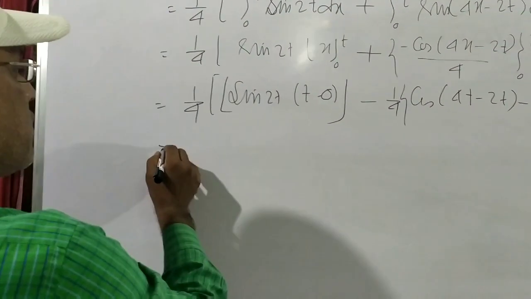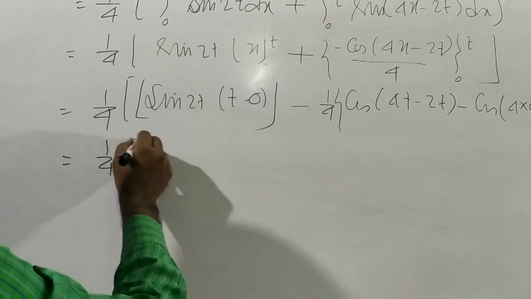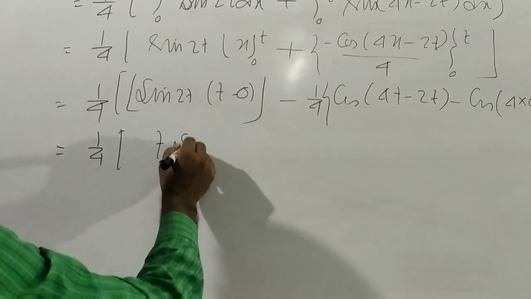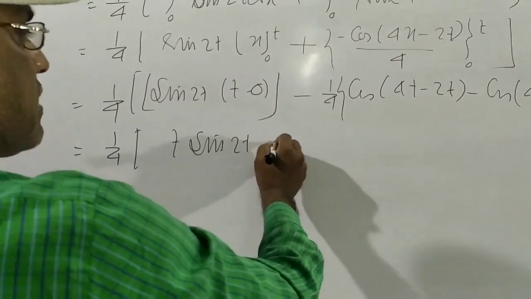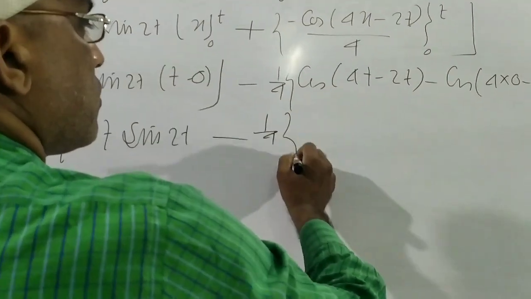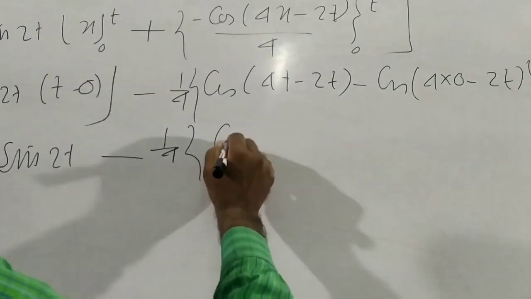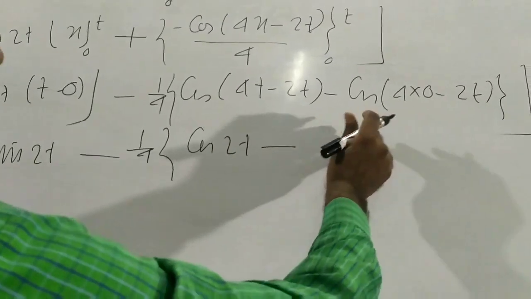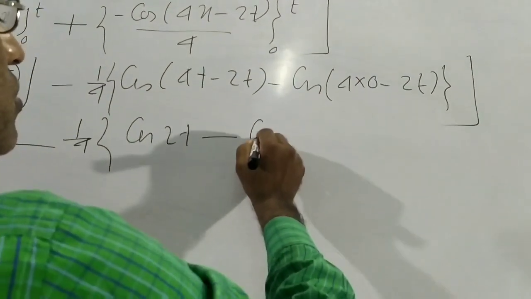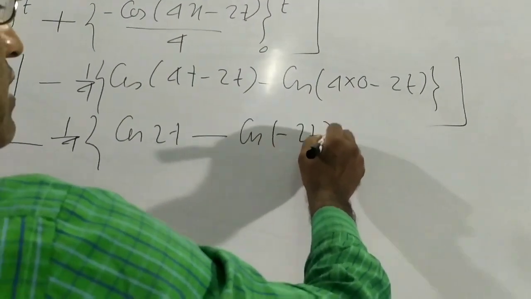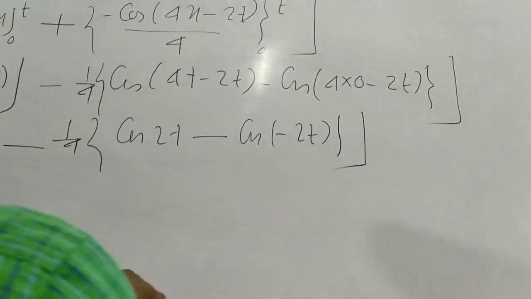So 1 by 4 remains same. This is t sine twice t. 1 by 4, 4t minus 2t is cos twice t, and this is cos of minus twice t. We get this one.